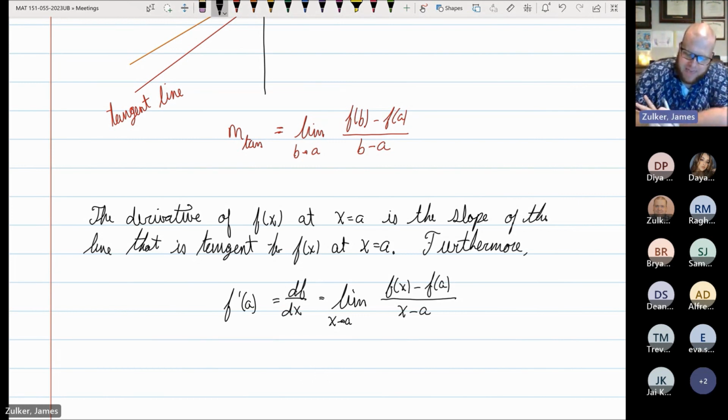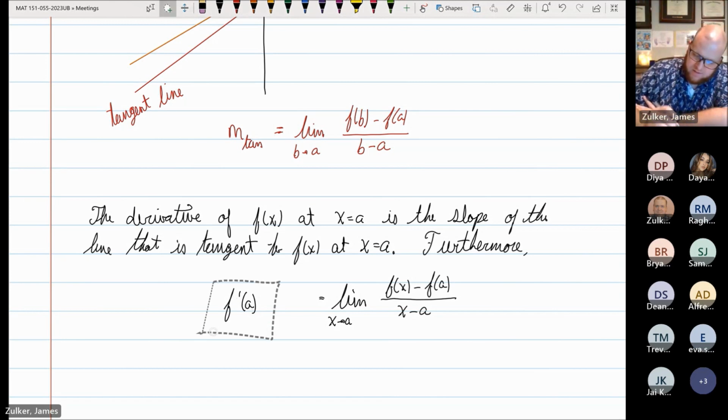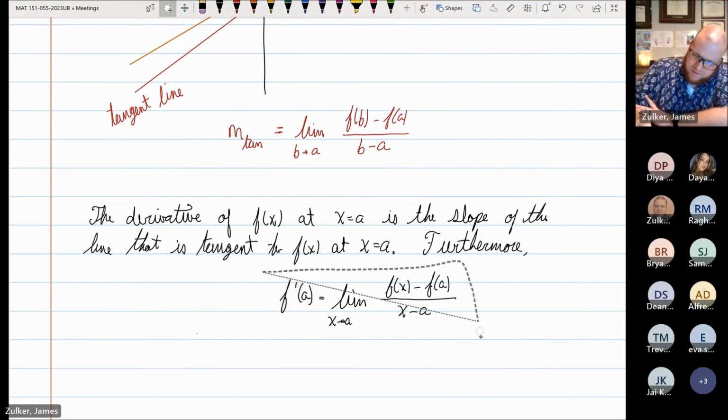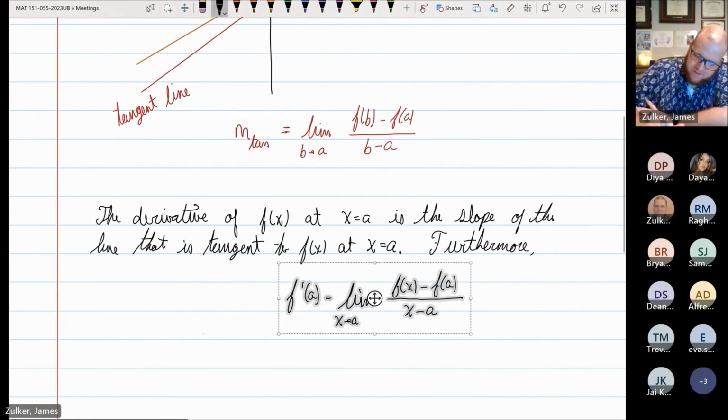It's f prime of A. I'll worry about the other notation later when we actually look at the derivative function.